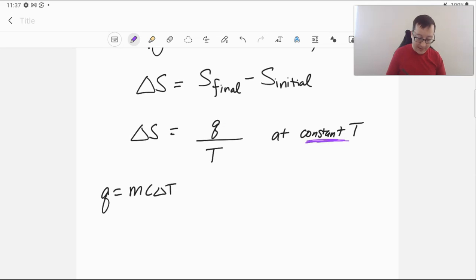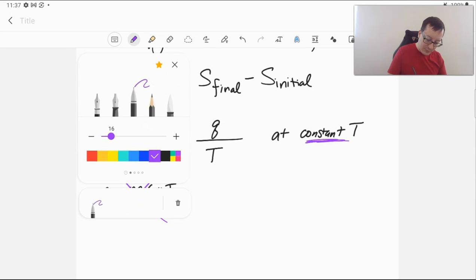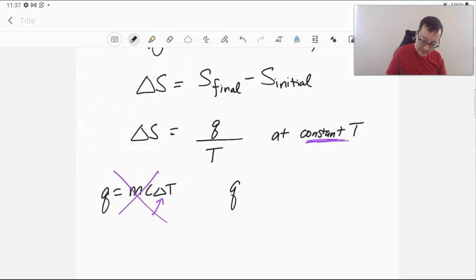And since there's clearly a delta T, a changing temperature, can't use that one. But we can use Q for phase changes. I'll just put M for now, where M was mass or moles, depending on the units of your delta H. For us right now, let's use moles. So we're going to go ahead and write moles here.